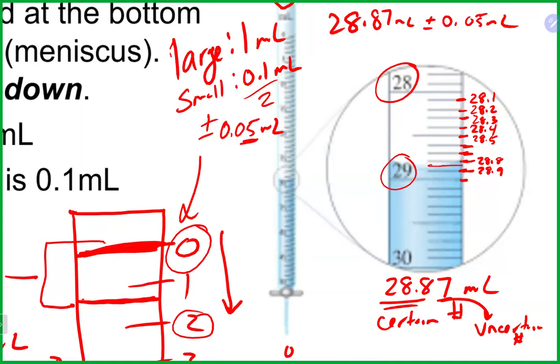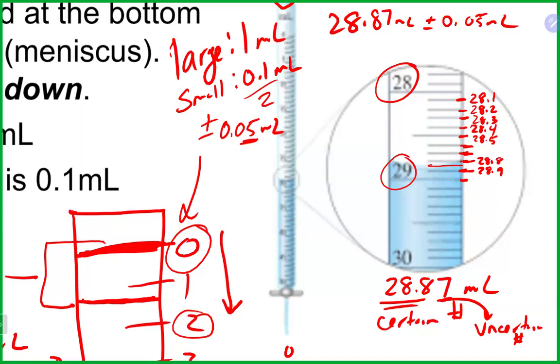Any questions on that there? This would have how many significant figures? 4. Uncertain number in this case would be the 7. Yeah, would be our uncertain number in this case, the second decimal place. Any questions on that? So really, really important to always look at the equipment, always look at the scaling, and you do have to decide in some cases which way that scaling is running, right?